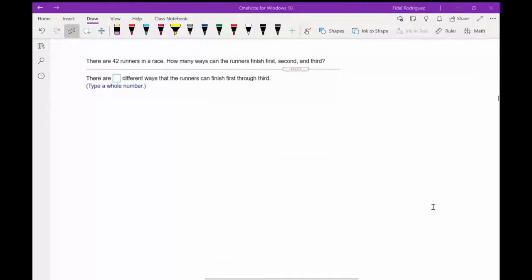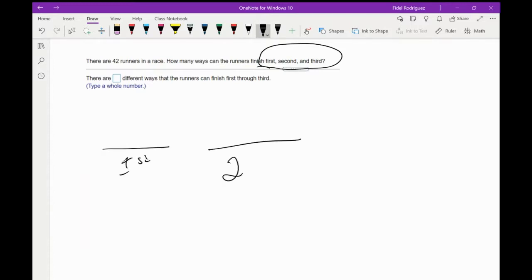Okay, so it says there's 42 runners in a race, and how many ways can the runners finish first, second, and third? Okay, so I want you to notice something here. We're only looking at the people who are going to place first, second, and third, okay? So how many runners do we have? We have 42.